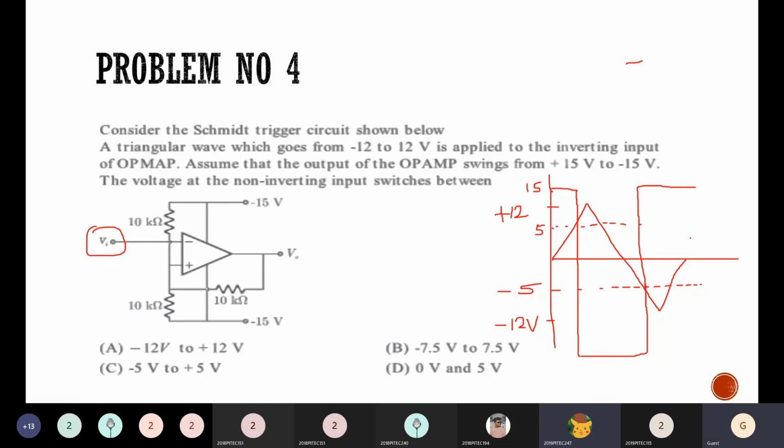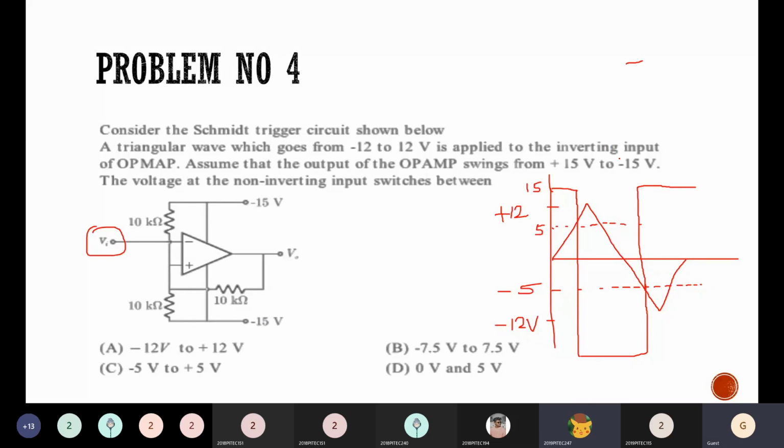Able to get the waveform? I have drawn the input waveform between plus or minus 12 volts, and we have found out in this problem that plus or minus 5 volts is the reference voltage. Whenever your input is less than minus 5 volts, your output will be at plus Vsat. Whenever your input is greater than 5 volts, then your output is at minus V saturation.